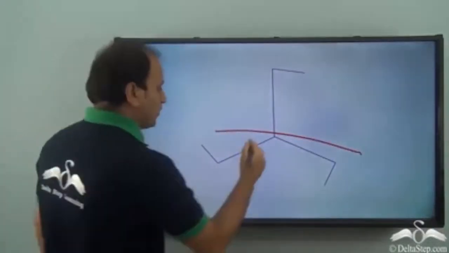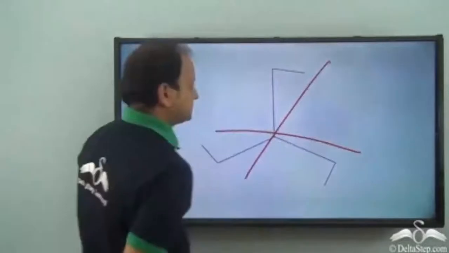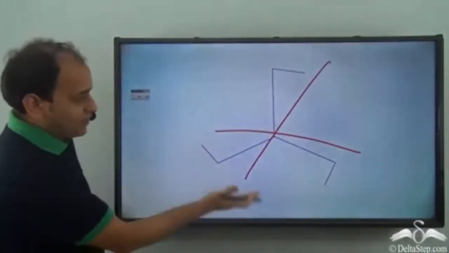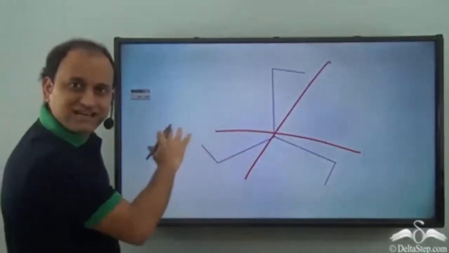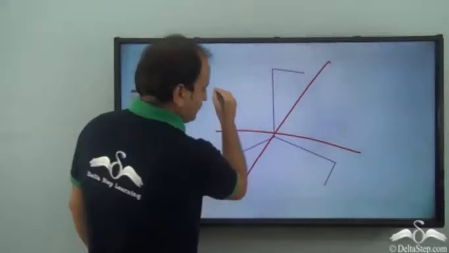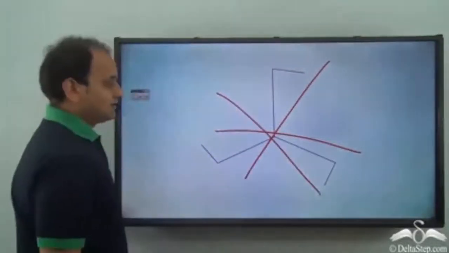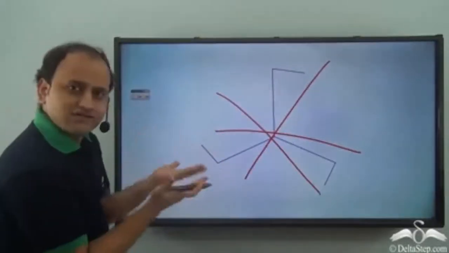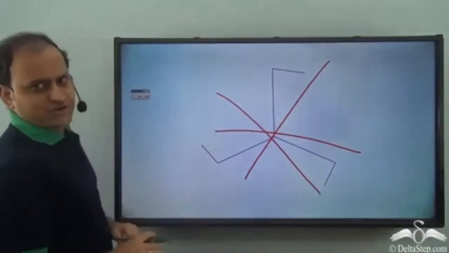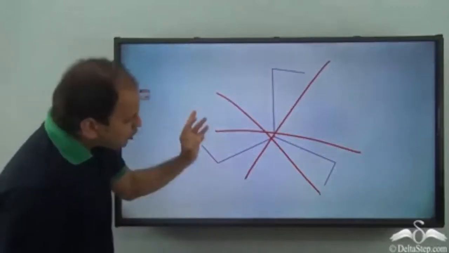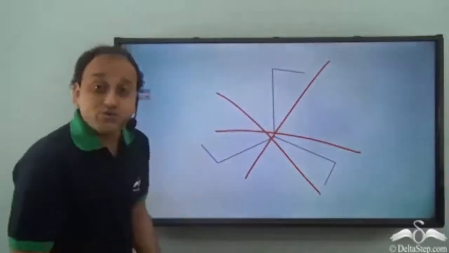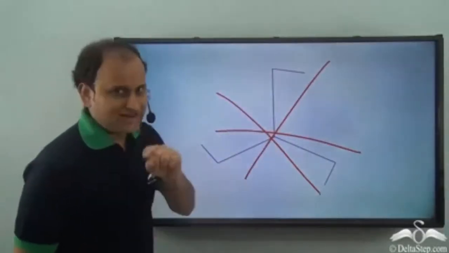We don't. What about this? Still, we have no reflection. We don't see a reflection symmetry. What about this particular one? Even here, there is no reflection symmetry. Then, why do I call it symmetrical? Let's understand.